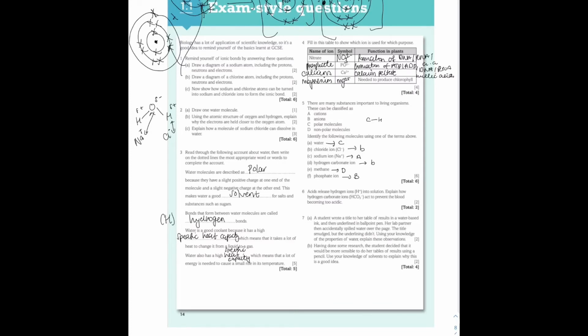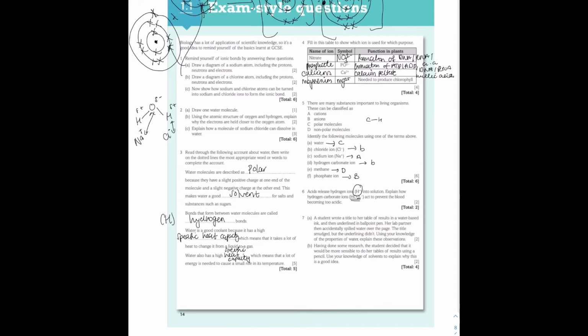6. Acids release hydrogen ions into solution. Explain how hydrogen carbonate ions act to prevent the blood becoming too acidic. Okay, so you would learn about this later on, but we said that the hydrogen carbonate ion is an ion, and so it's going to attract the H plus ions into itself because of the opposite charges.